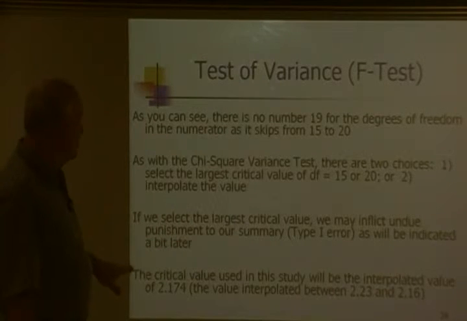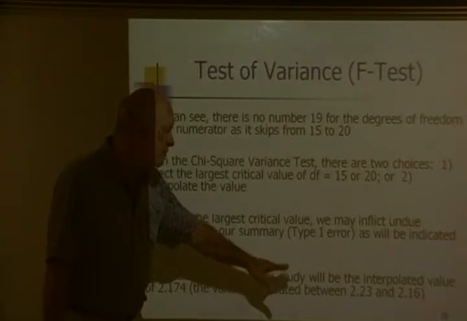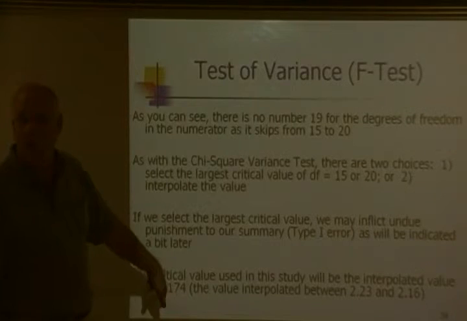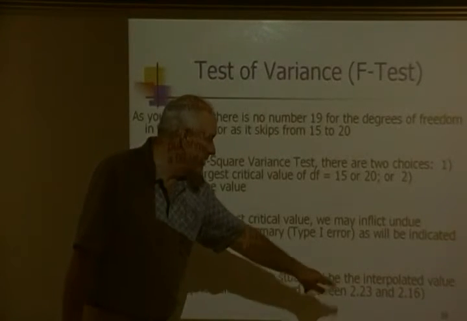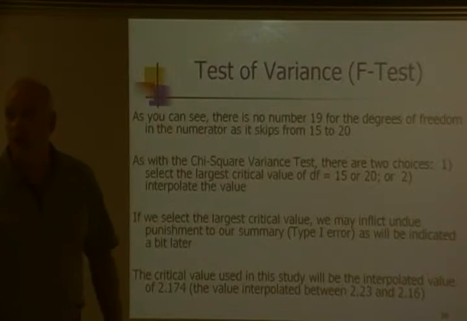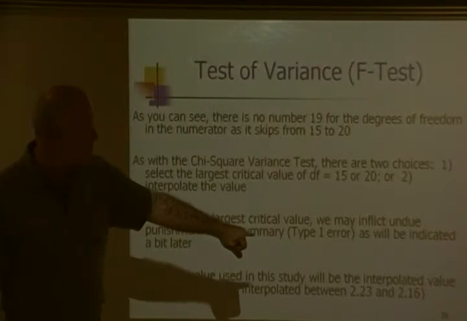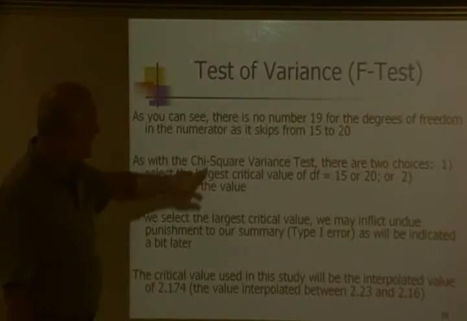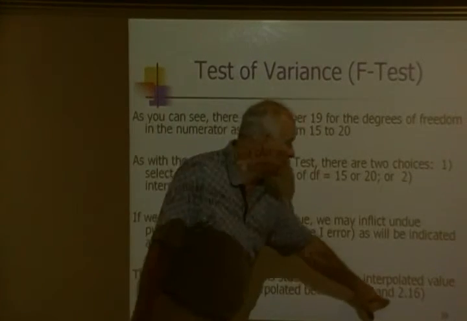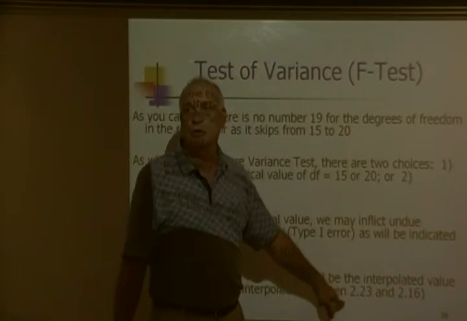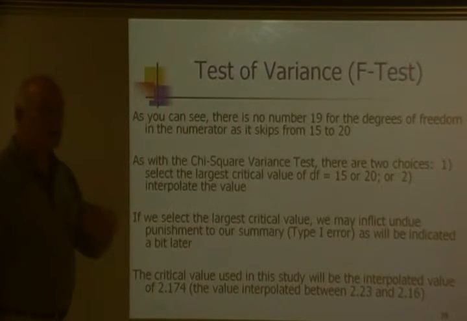So the critical value in this study will be the interpolated value of 2.174 versus the larger of the two critical values, which would be 2.23. We know the critical value for 19 falls somewhere between 2.16 and 2.23.